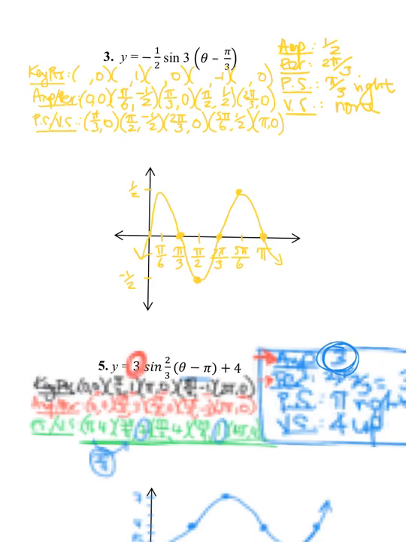All right, so here are some answers. Number 3, I'll just pause on that, let you guys look through the amplitude, period, phase shift, and vertical shift, and look at those 5 key points I got at the end, and then my graph.